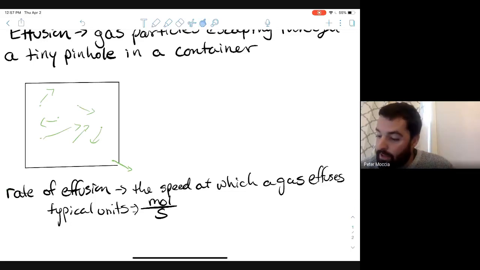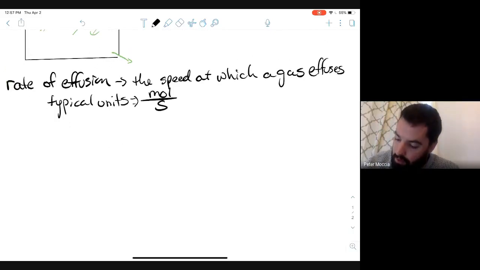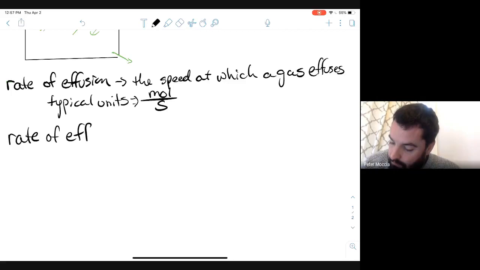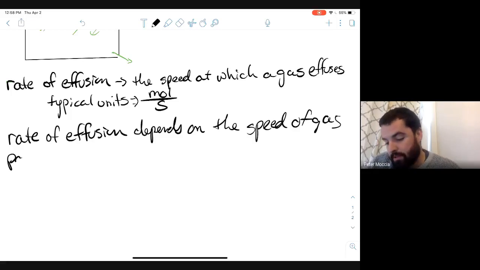Right. Now, if we go back to kinetic molecular theory, one thing you need to know is that the rate of effusion depends on the speed of the gas particles.